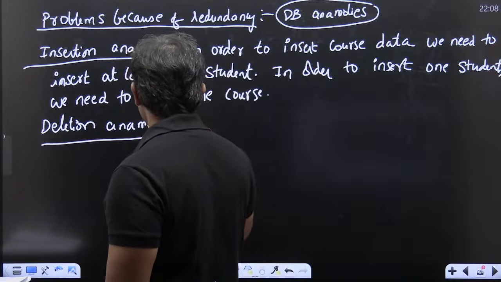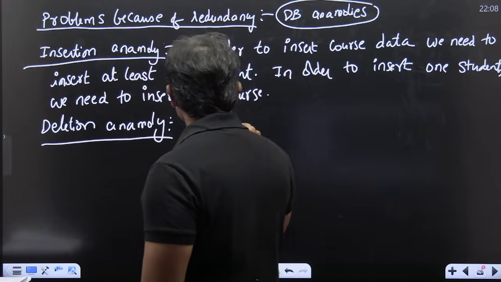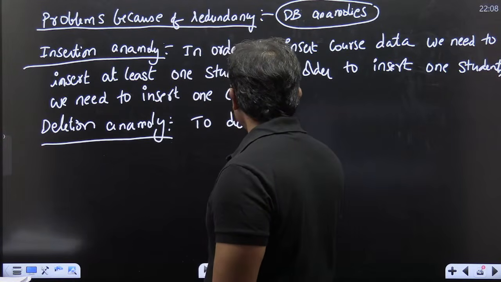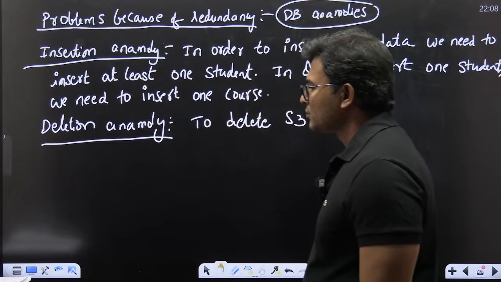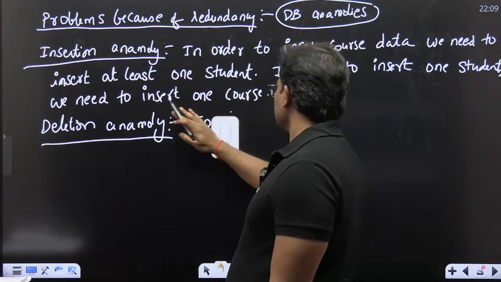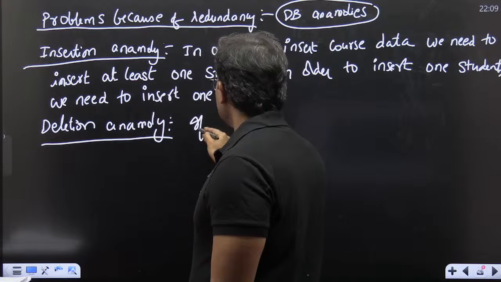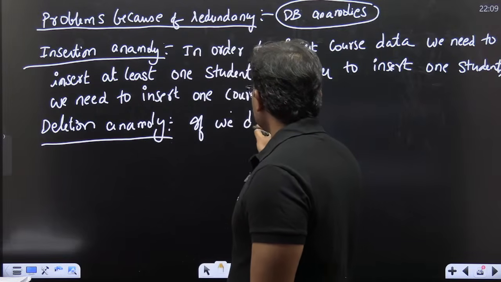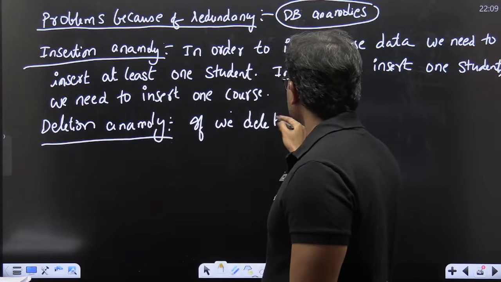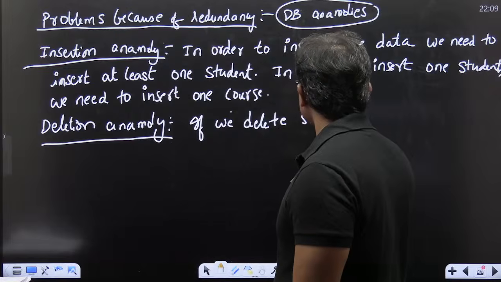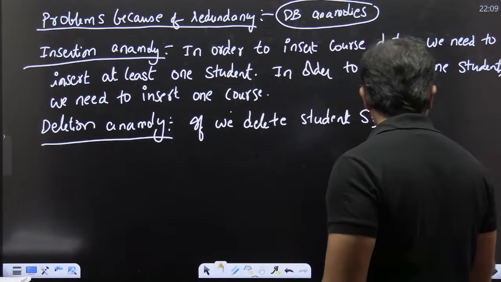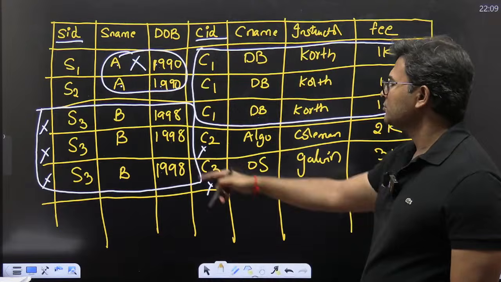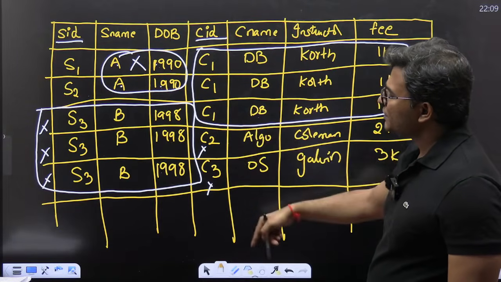So what is deletion anomaly? Let us write this. If we delete student S3, then what are the courses getting deleted?